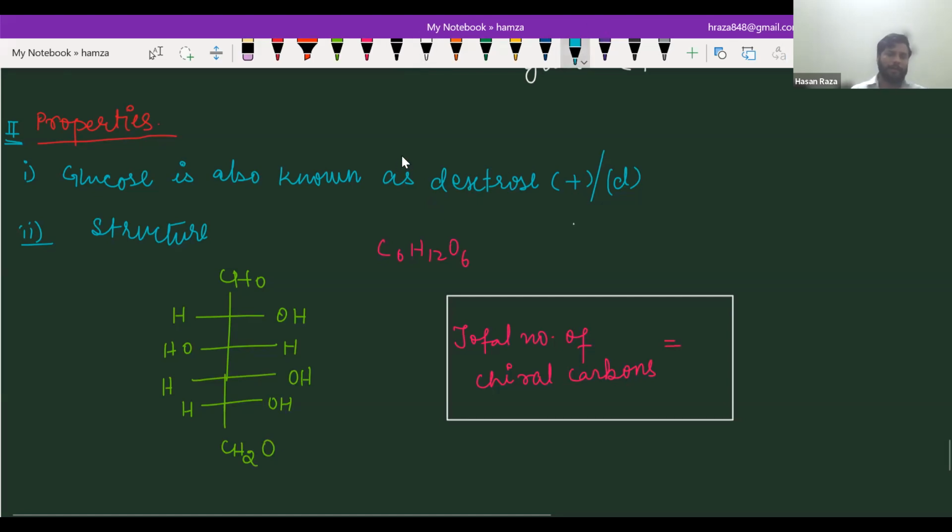Can anyone tell me how we are going to calculate chiral carbons and all?